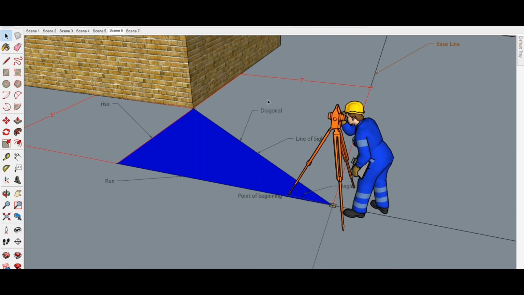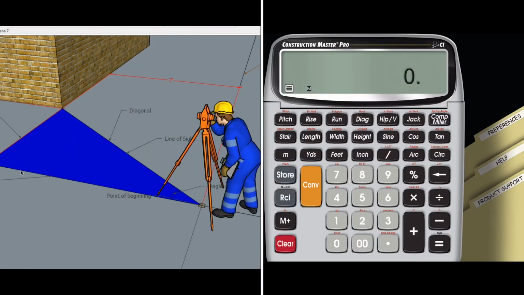We take a look at this here and we have some known parameters. One being 7 foot off the baseline to our structure. That is this side of the triangle, the run. So we'll put that in our calculator as 7 foot run. And then the distance from our control line to the structure is 5 feet, so we'll call that the rise, 5 foot rise.